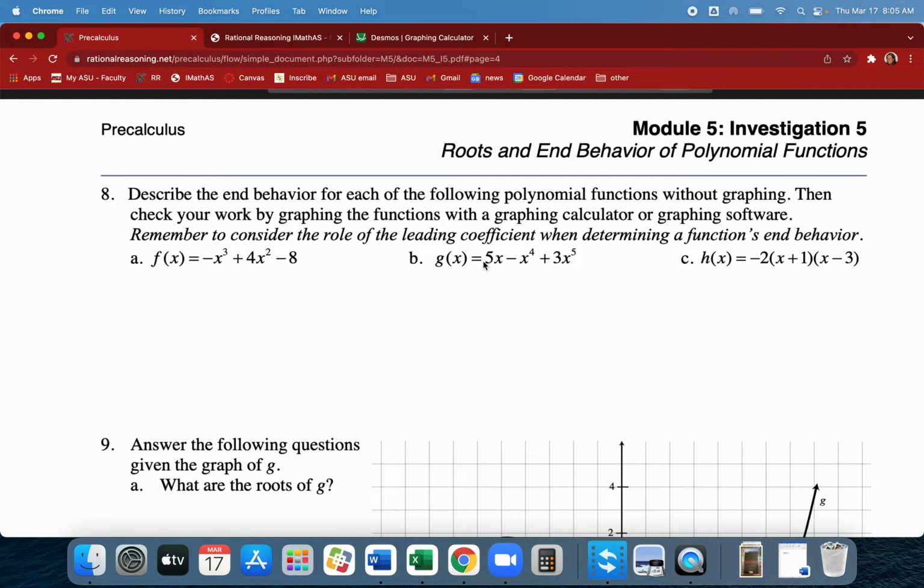So I can say this like right side up, left side down, or for g of x, more this direction than the other direction. The right end goes up to infinity. When x decreases, so does g of x.